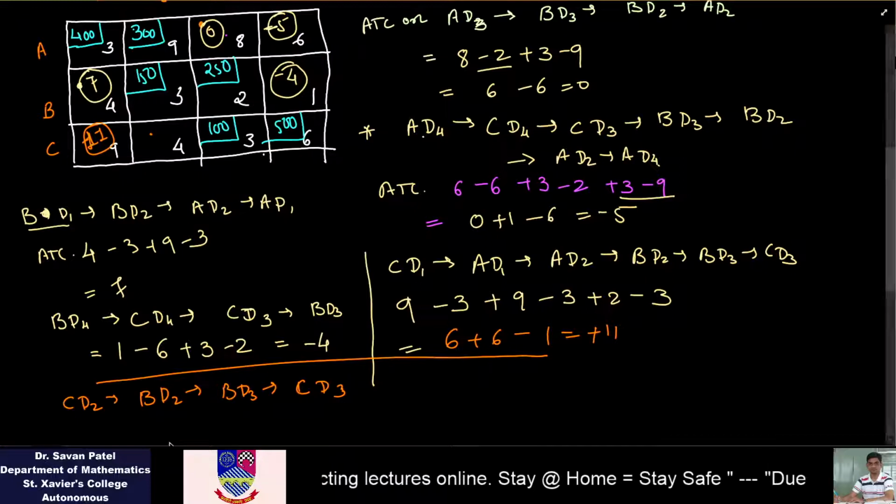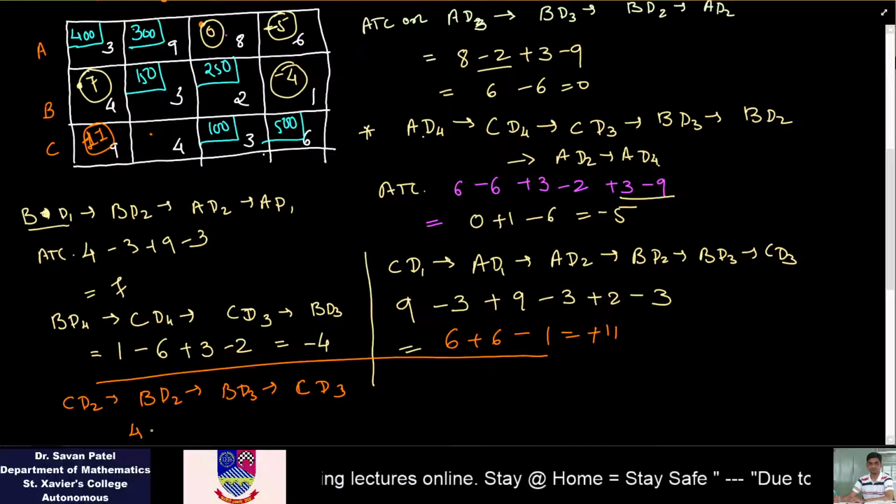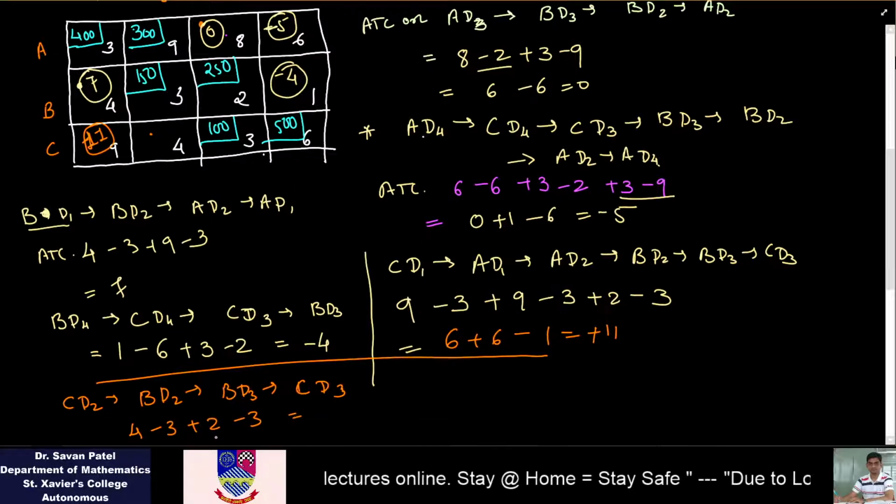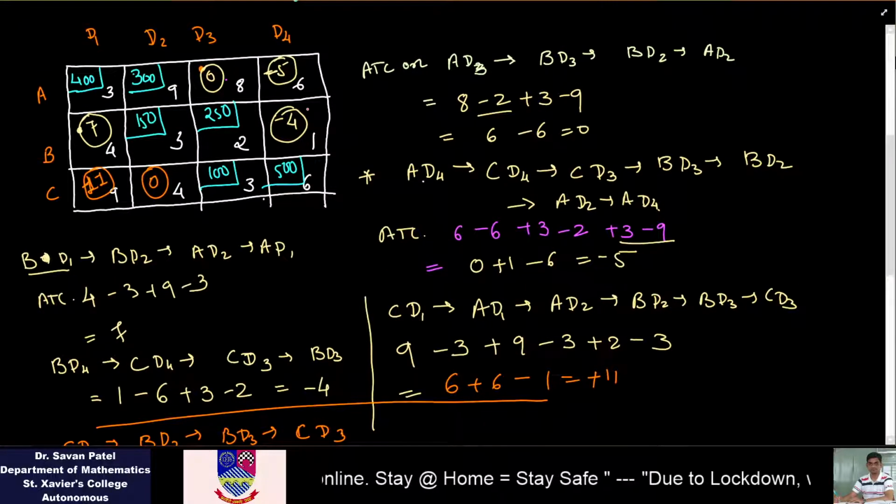So that additional transportation cost is 4 minus 3 plus 2 minus 3. So it is 4 plus 2, it is 6, minus 3, minus 3, so 6 minus 6 is 0. So here the additional transportation cost is 0. This method is called the stepping stone method, and then we will continue with this minus 4 and reach the optimal solution by transporting from A to D4 what is maximally possible.